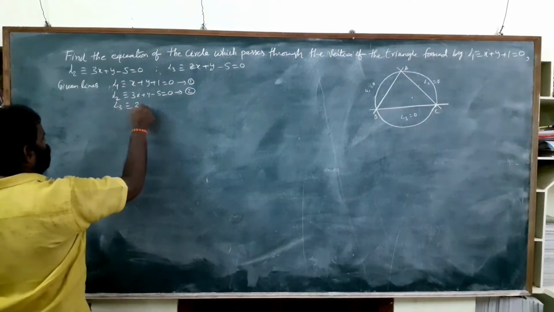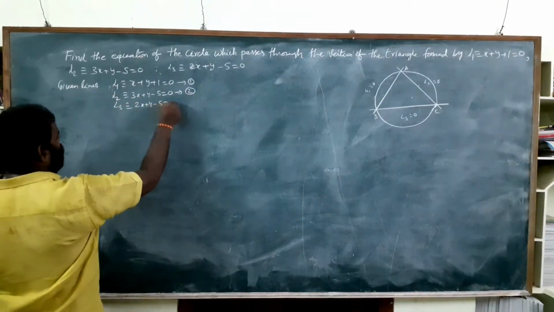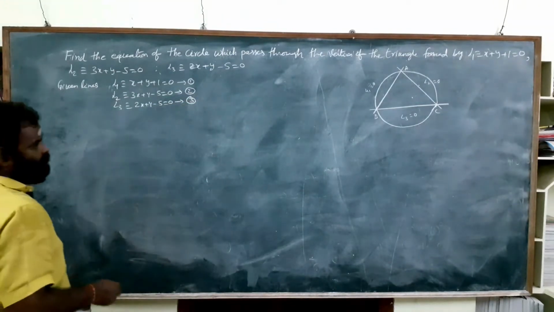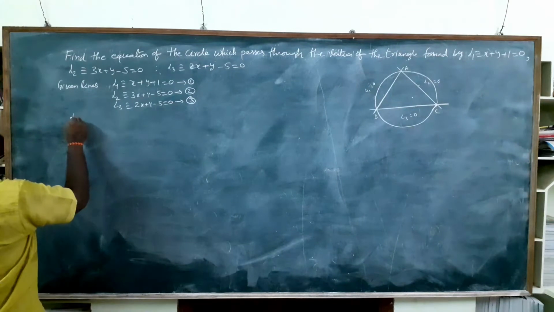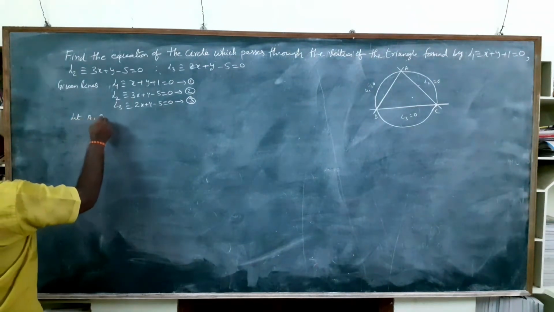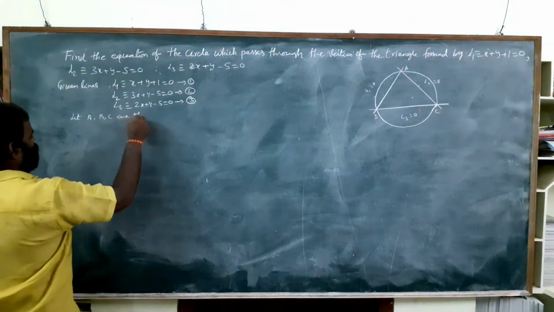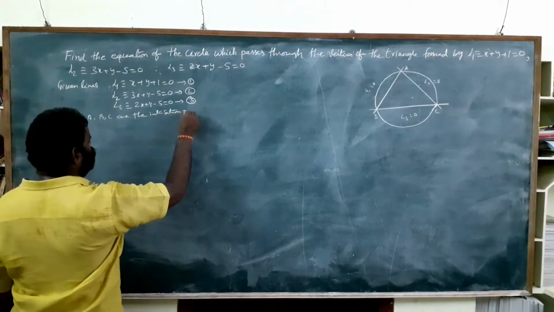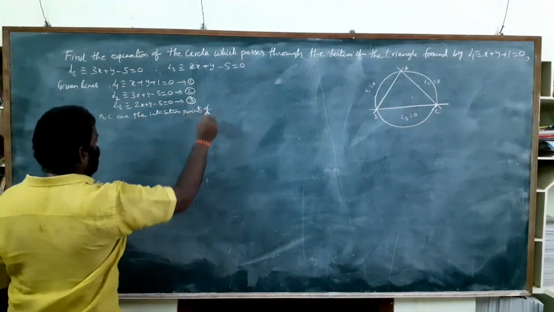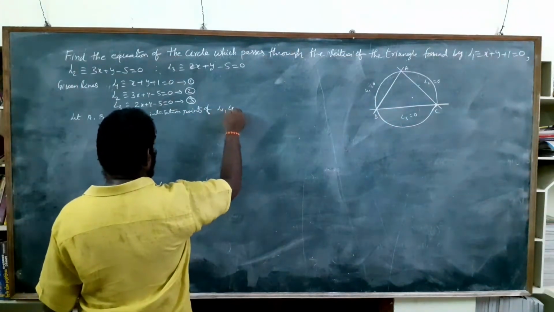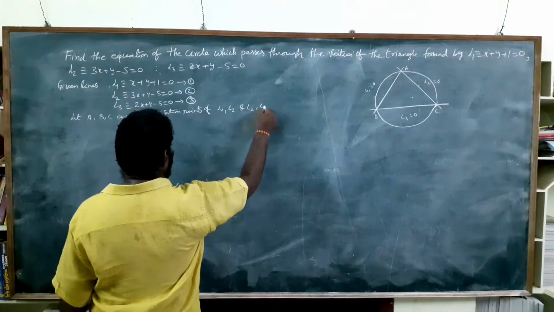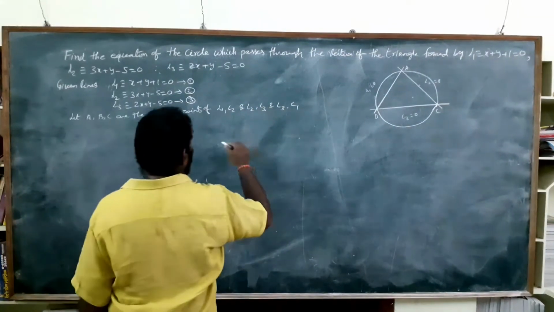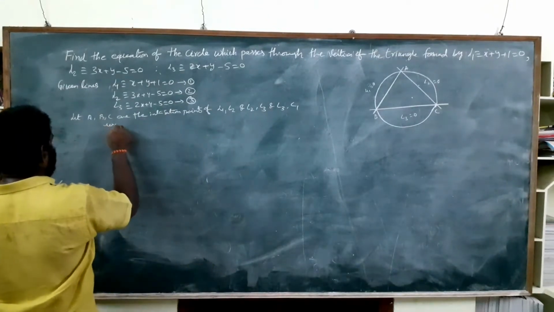L3 identical to 2x plus y minus 5 equal to 0, third equation. Let A, B, C be the intersection points of L1, L2 and L2, L3 and L3, L1 respectively.